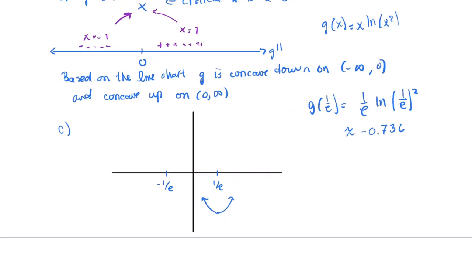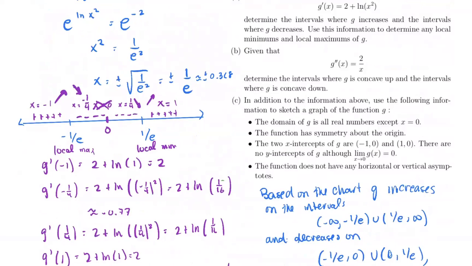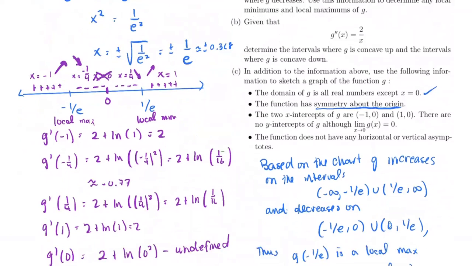Here, what I can do next is do the same thing on the right, but if I want to make my life a little easier, I should probably read the rest of what I've got. Notice that it has symmetry about the origin. That means I don't have to look at the right. I know it's all real numbers except x equals 0. There's two intercepts, 1, 0, and -1, 0.